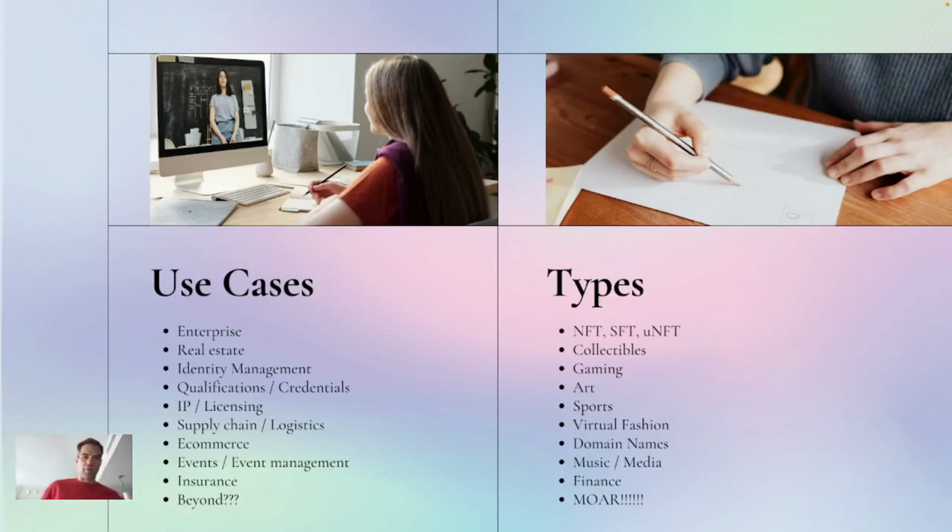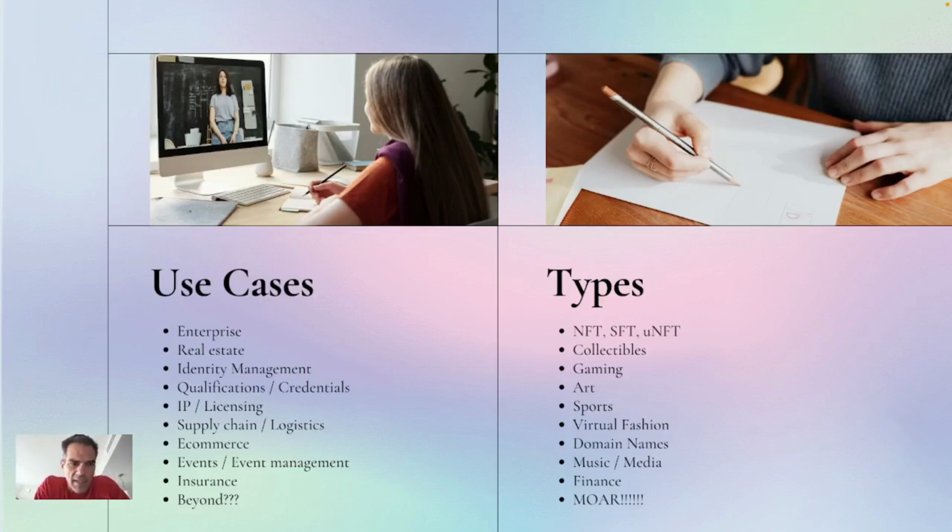I think this is probably pretty key for people that are not really too concerned about the artwork aspect of it, or the collectible aspect of it, or the trading aspect of it. Maybe the trading if you're in finance. But if you're in business, if you're in different industry, if you're an entrepreneur, understanding the use cases and the types is probably pretty key.